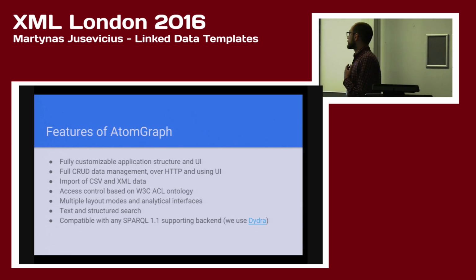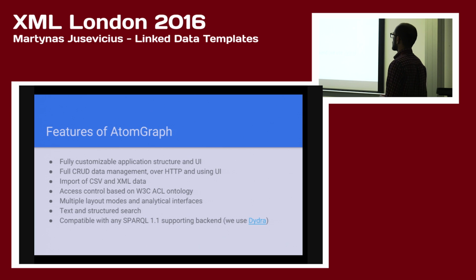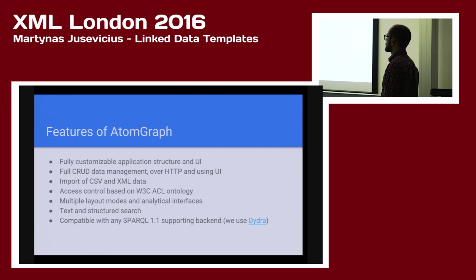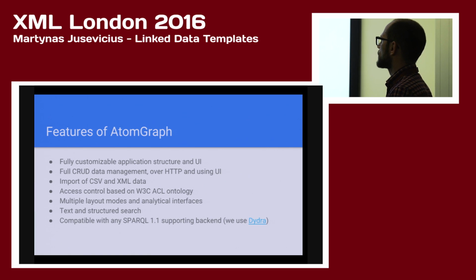We used quite a few features for this website, but it was a couple of years ago, so we've progressed since then. And what we have now implemented is, as I mentioned, fully customizable structure and interface with SPARQL and XSLT, full read-write data management, either through a linked data layer, that is to say over HTTP, or the user can achieve the same thing in the user interface.